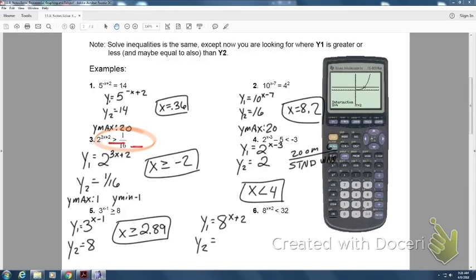Cooper, on number 6, what did you use as your Y max? I put 35. Okay. And what did you get as your answer? X is less than negative 0.33. Awesome.